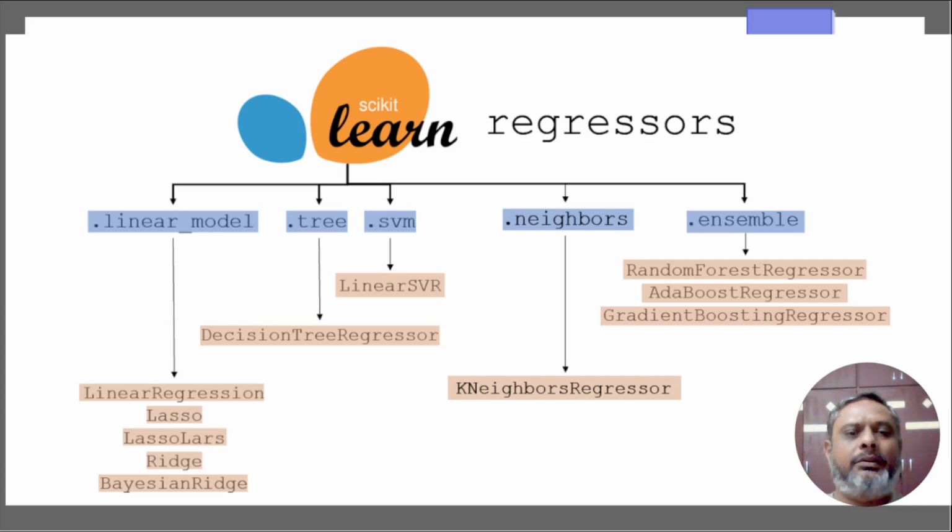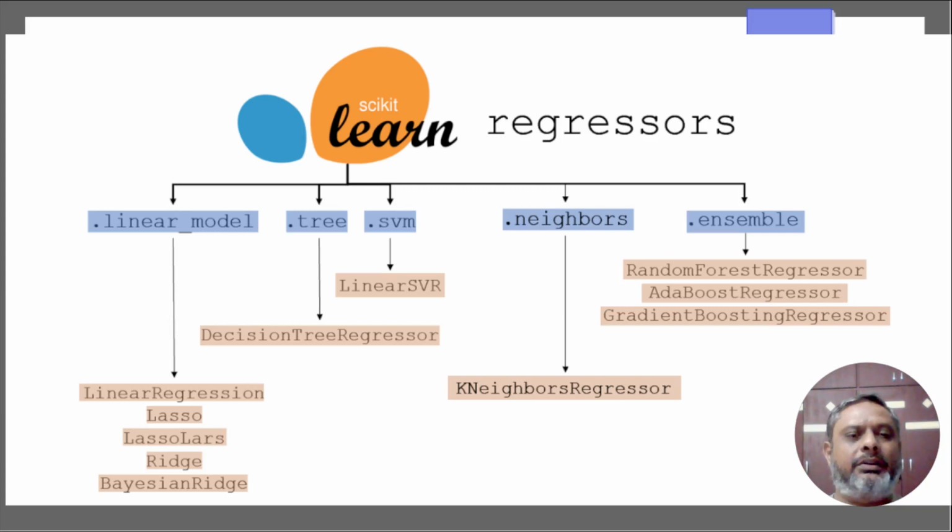If you're talking about regression, then there are so many functions available for regression. In the previous slides, we were not able to put everything, so this one gives a simpler version of presenting what all regressors are available. There is the linear model. Under linear model, we have linear regression, lasso, Lars, ridge, Bayesian ridge, and so on.